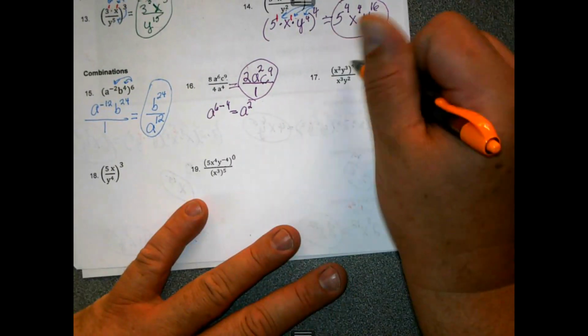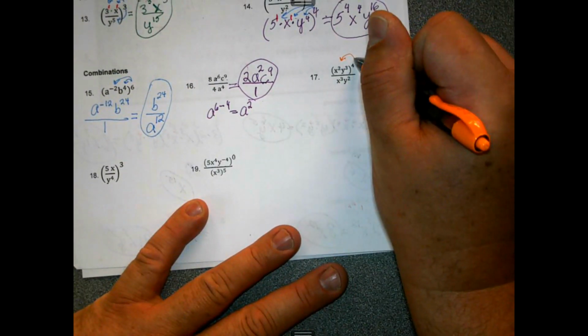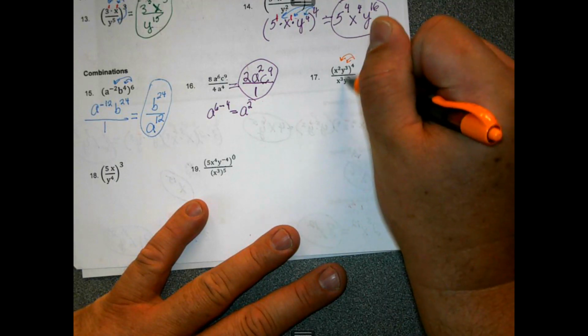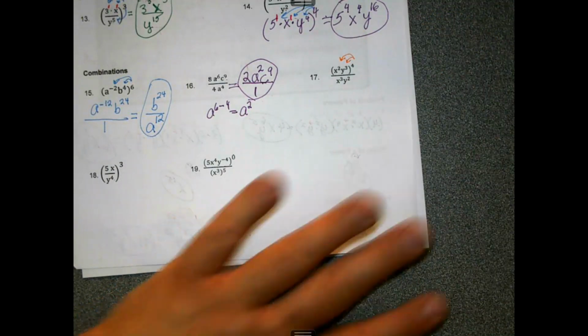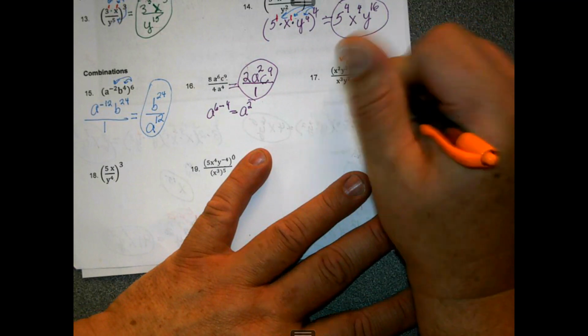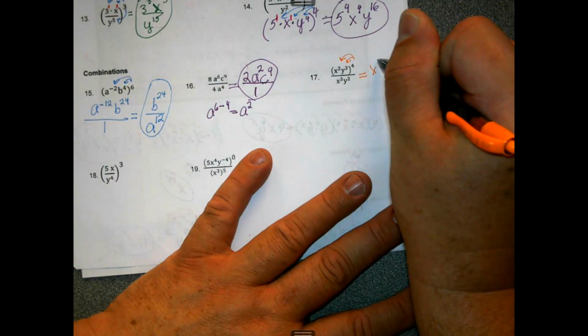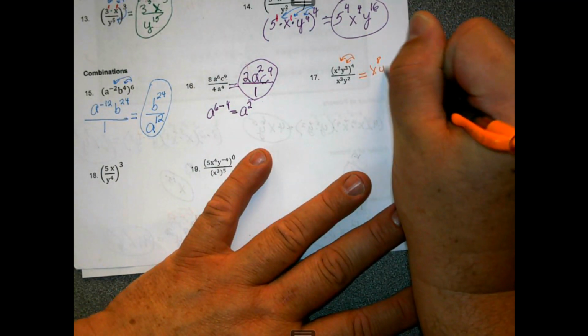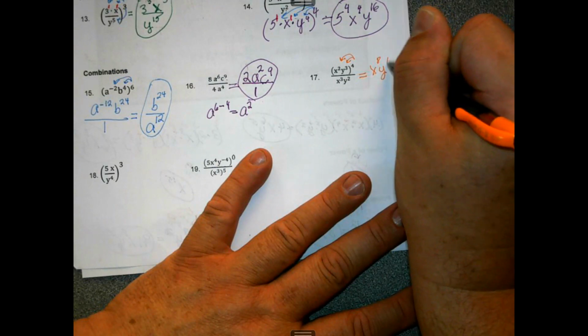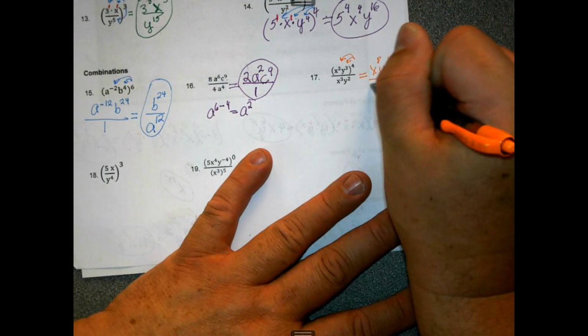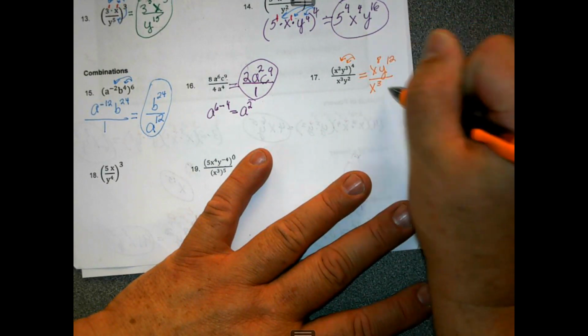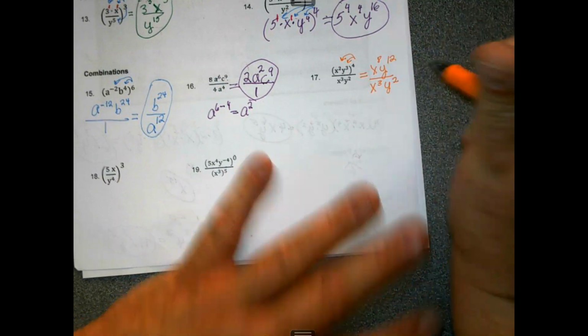Okay, 17. Now, you're going to have to distribute that exponent first because this is not in parentheses. So I have x to the 2 times 4 is 8. Y to the 4 times 3 is 12 over x cubed y squared.